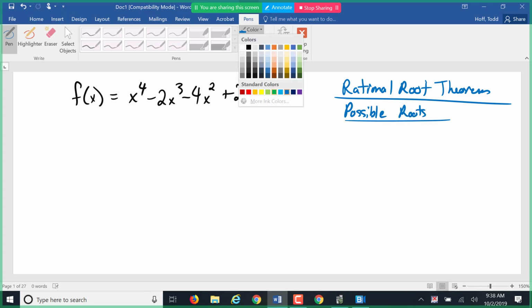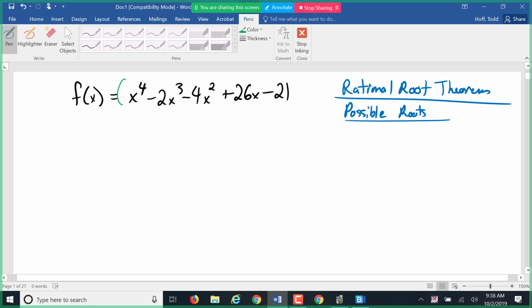Remember, we take Q off of the coefficient of our largest power of the variable. That coefficient on the x to the fourth is a 1. The only possible values of Q are 1 or -1.